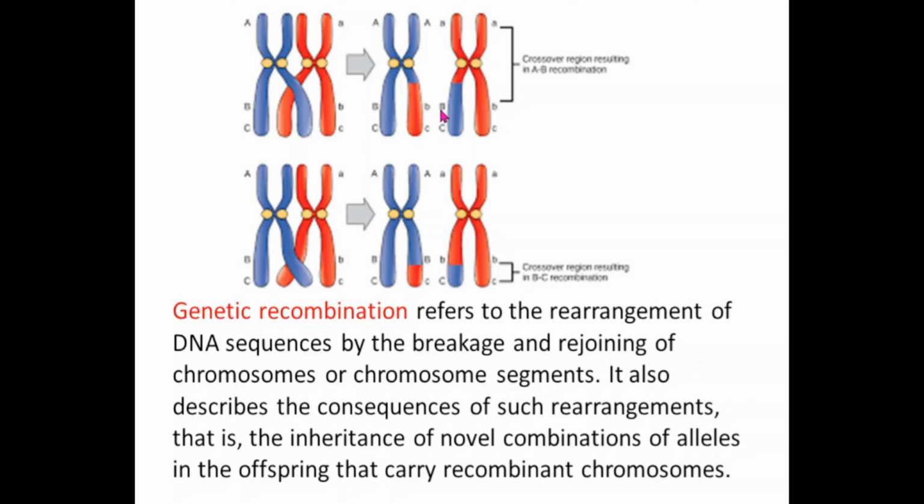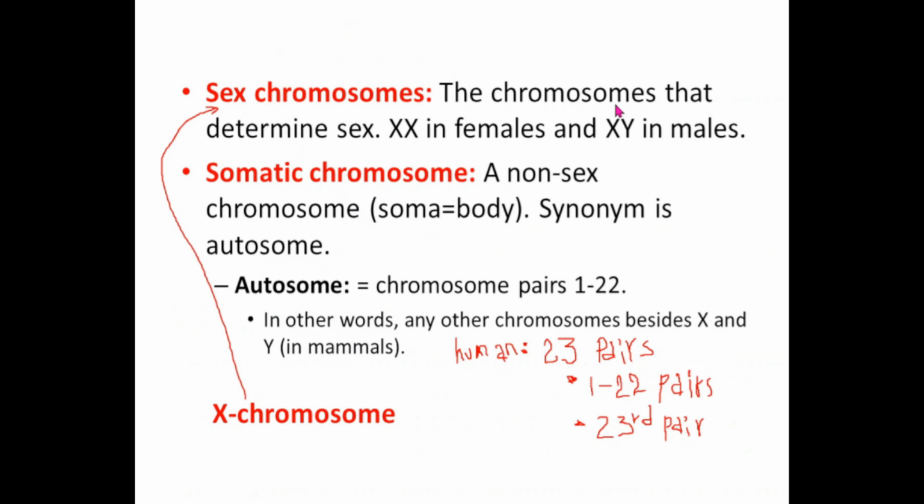So you can see capital B is here, but in the red there is no capital B. In the blue they are originally capital, but after recombination the red part is joined with these small-lettered genes, small b, small c. So this is recombination.